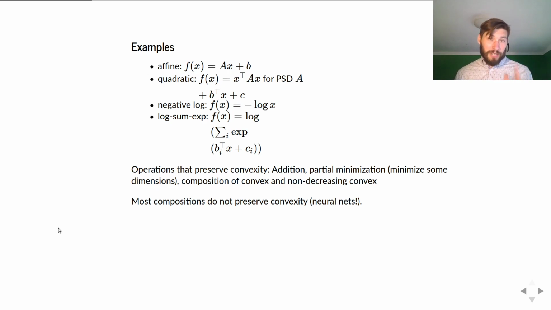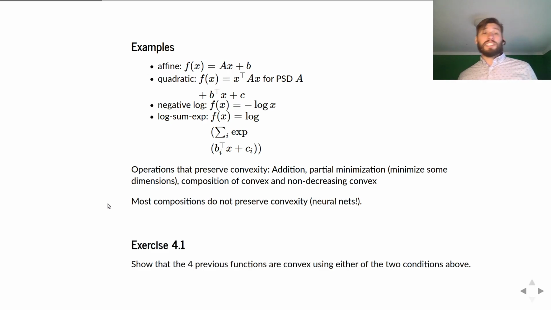And very important, this comes up with neural nets: general compositions of convex functions are not convex, and that's what a neural net is. An artificial neural net is the composition of multiple functions, and typically we use convex activation functions. So only under very restrictive circumstances are compositions of convex functions also convex.